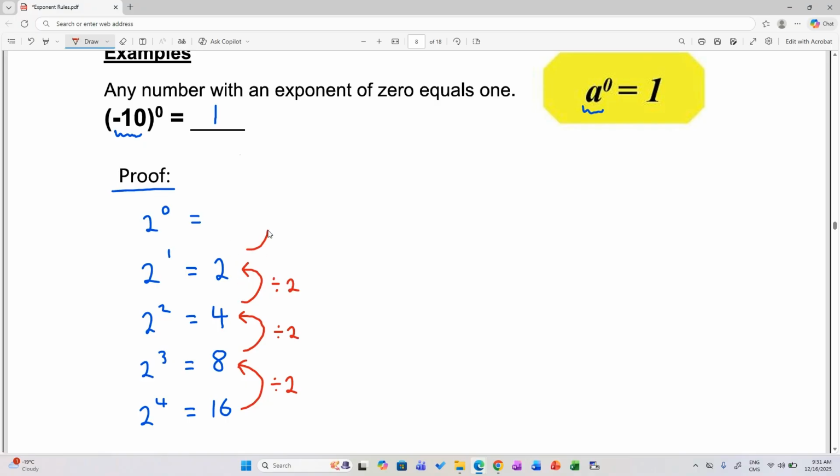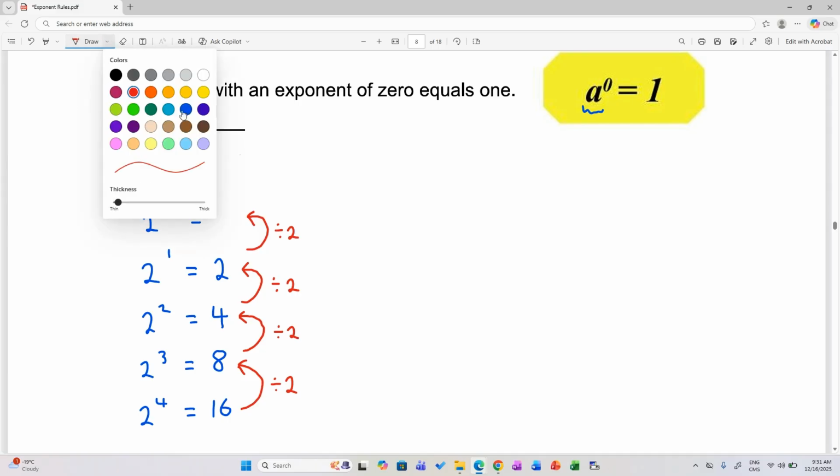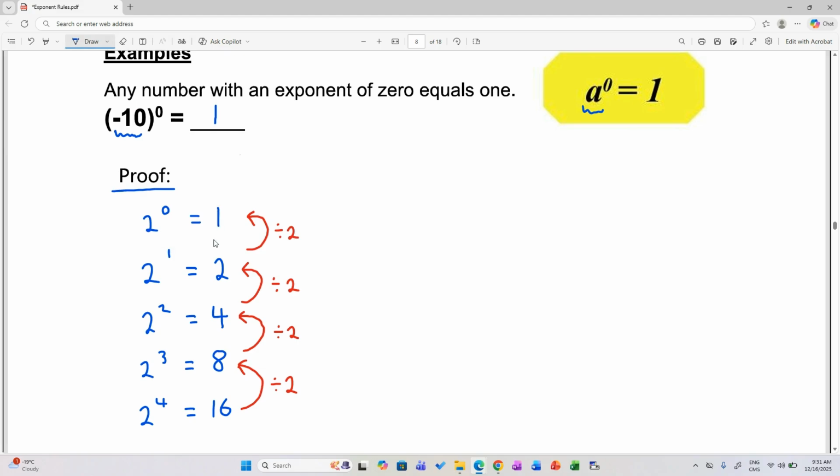So let's continue doing that. What is 2 divided by 2? It's just going to be 1. So basically, 2 to the exponent of 0 is going to be 1. So that kind of proves that if I change the 2 into something else, let's say I change it to 5, or I change it to negative 2, or if I change it to 1.7, any number still to the exponent of 0 is going to be 1, right?